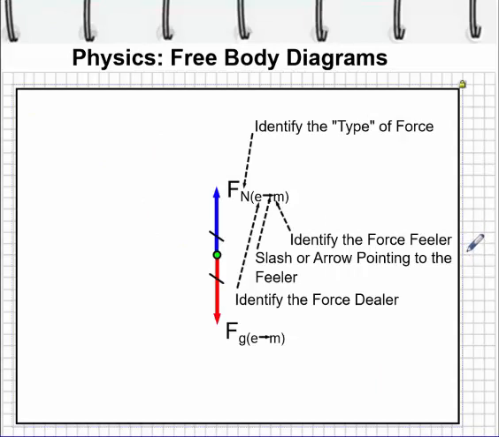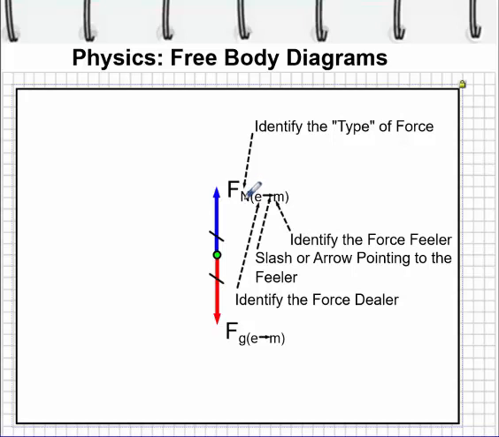Proper ways to label the free body diagrams. With the forces, I usually put some type of identification as the type of force. This could be a normal force, it could be some type of tension force, it could be a pushing force, or a pulling force. Now, you have some liberty as far as what you want to call this.